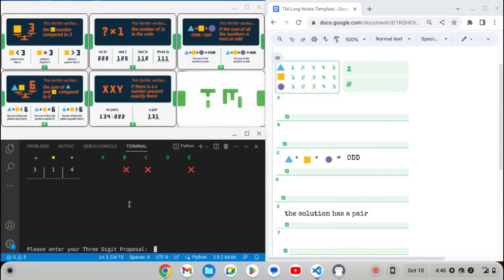Let's see. Okay, so it is not true that there's a single 1. So that means either we have no 1s or 2 1s. So let's go ahead and type that up in our notes. And that is that the solution has 2 or no 1s.